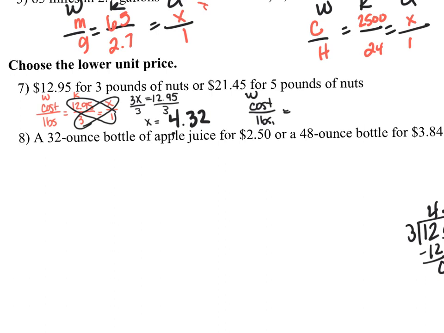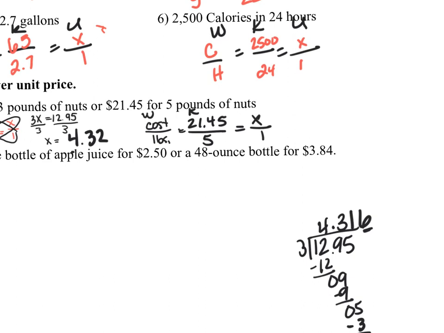Okay, so we would have our known, which would be $21.45 out of 5 pounds. How much per pound? So we would put our X there. So we're scaling down. Or you can cross multiply and get 5X equals 21.45. You might as well start that habit because the other ratios aren't going to be as pretty and they're not going to be scaled down to 1.